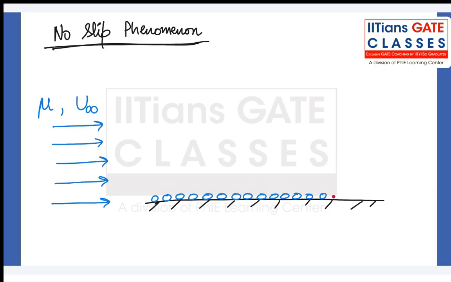If the plate is at rest, these particles will come at rest, so u equal to 0. Clear? This is called no-slip phenomenon.